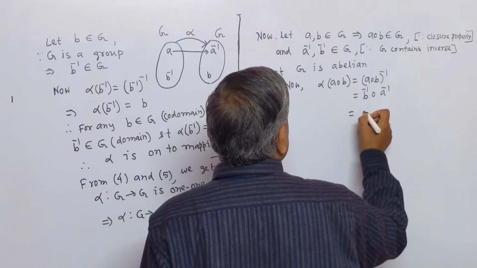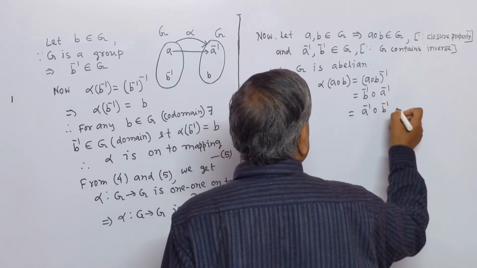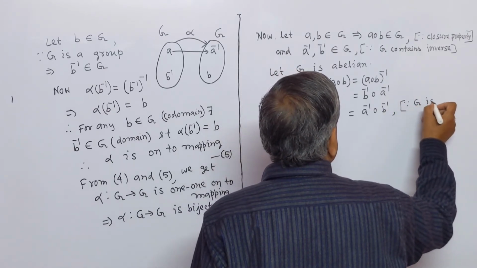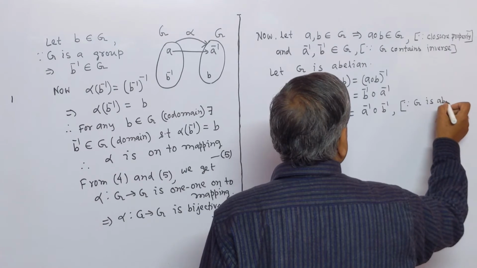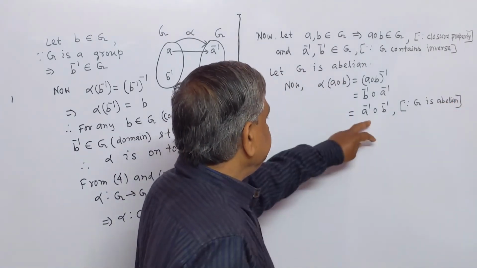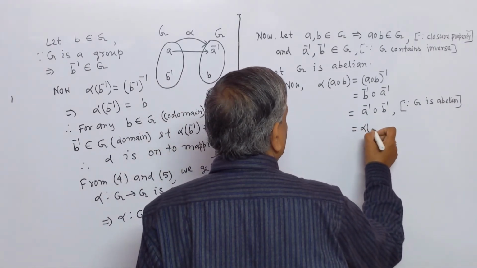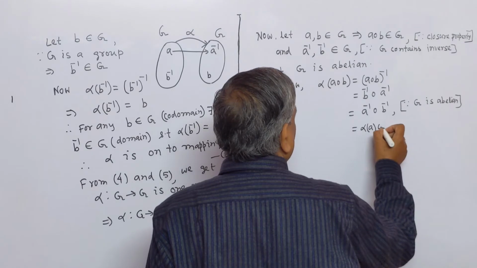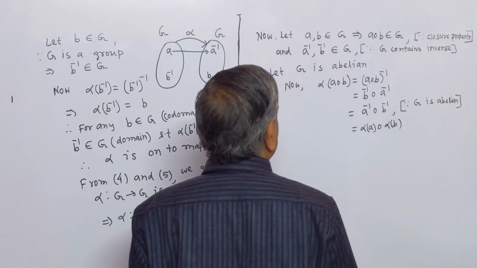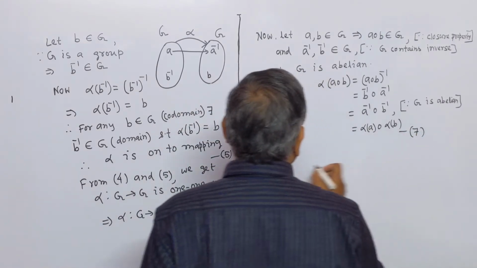This equals A inverse operation B inverse, since G is abelian, meaning commutative property holds in G. A inverse equal to alpha A and B inverse equal to alpha B, so alpha of A operation B equals alpha A operation alpha B. This is number 7.